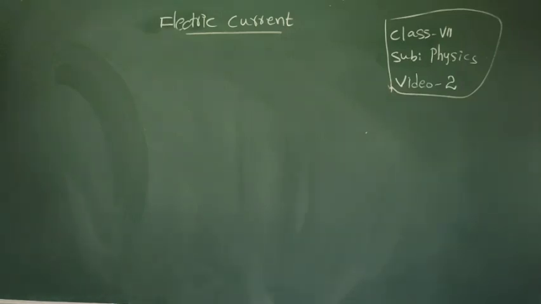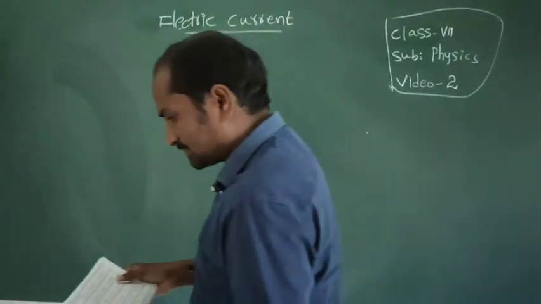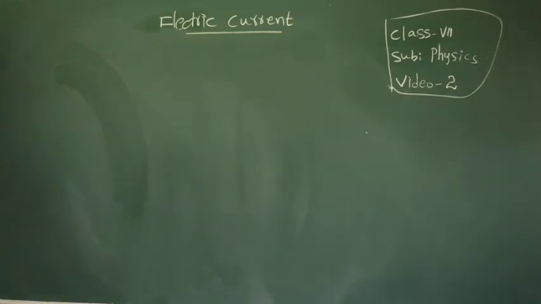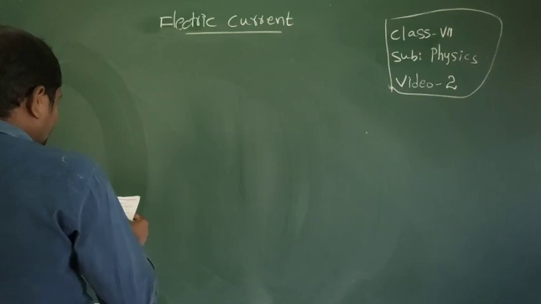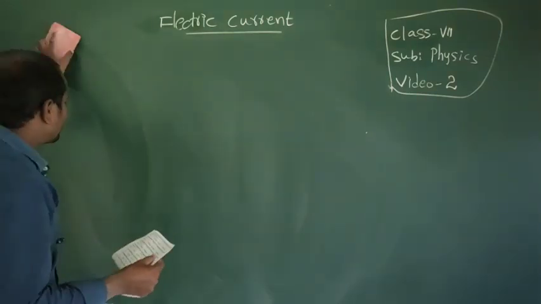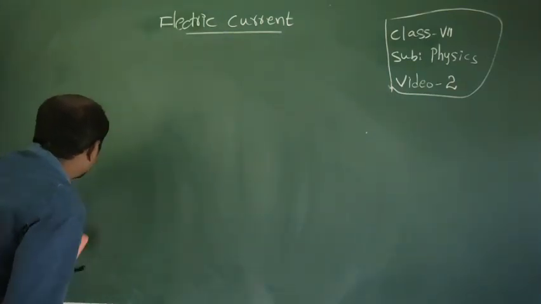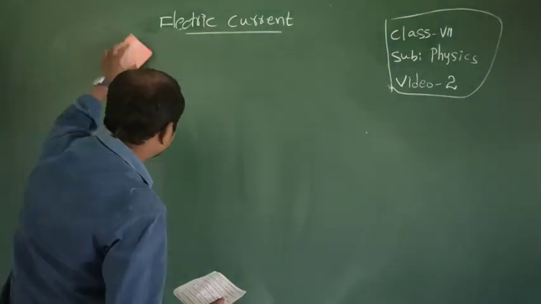A steady current of 0.5 A is flowing through a wire. The charge passing through the wire in 1 minute is.